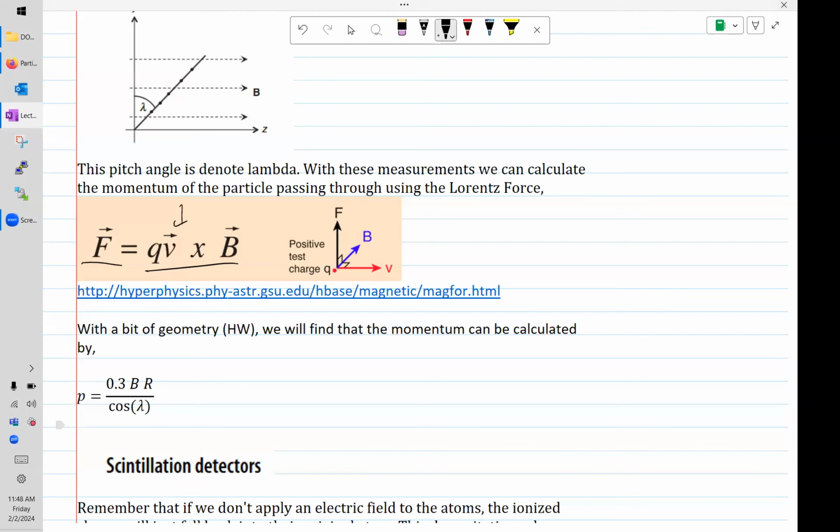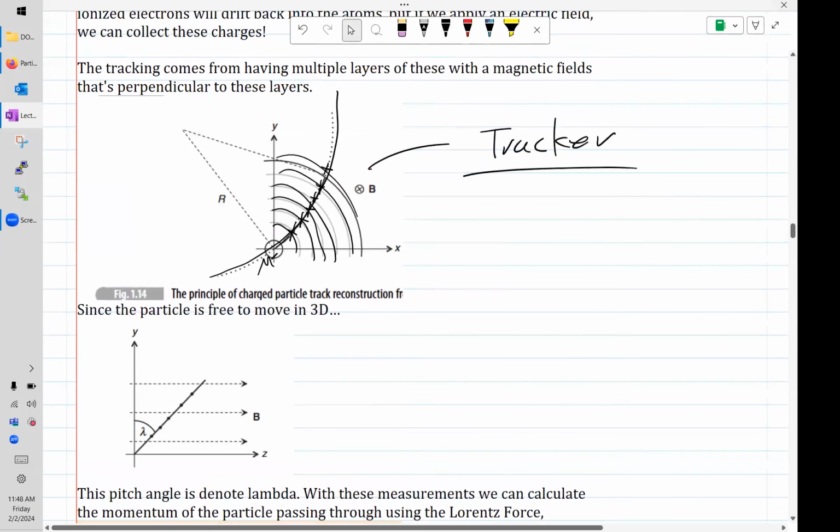So what happens is that as this muon travels through, I'm going to draw that in red, your tracker, if you put a magnetic field, for example, into the board here. Once again, you use the right-hand rule from general physics.